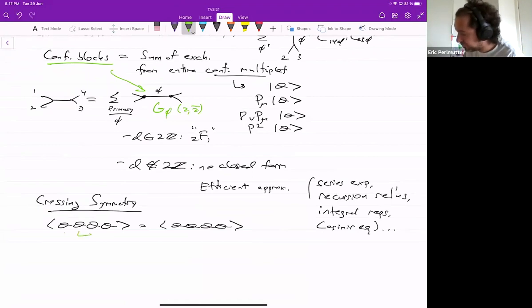I can contract 2 and 3 and 1 and 4, or I could contract 1 and 2 and 3 and 4, or the third combination, which I didn't say. And so in terms of these different channel decompositions that I wrote earlier, this is just an equality between those decompositions.